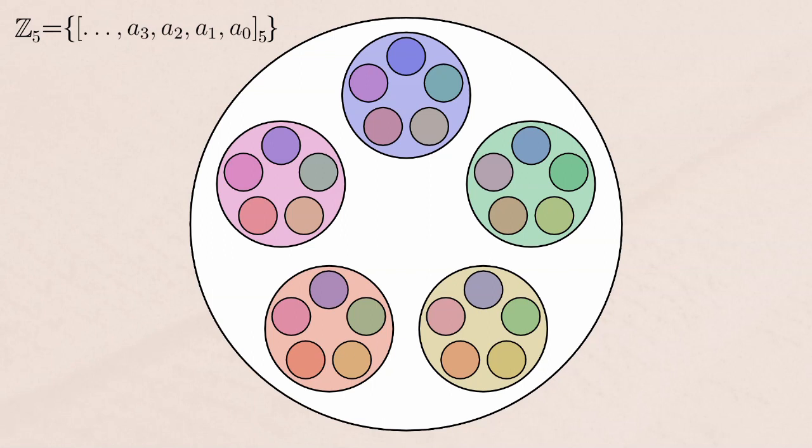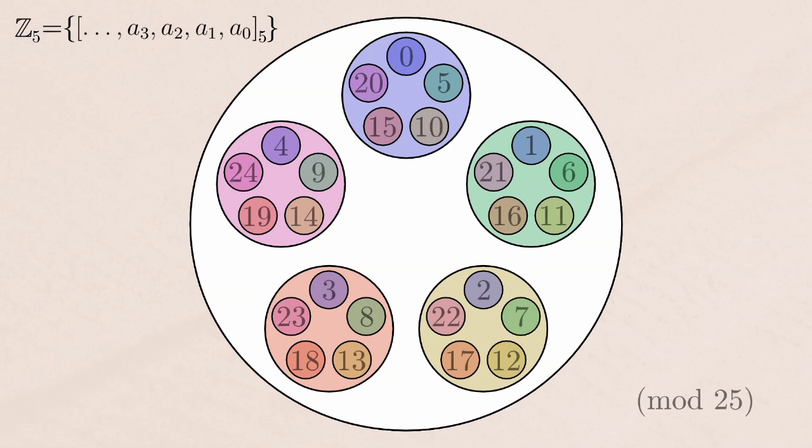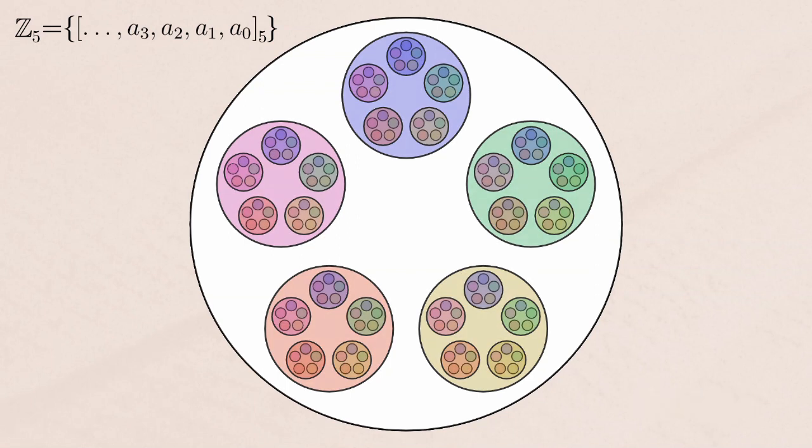And if you like, each one of these small circles tells us what our number is mod 25. That is, we've chopped off all but the last 2 digits. And I can keep going. Mod 5 cubed, mod 5 to the 4, and so on. And if I repeat this process forever, each point that these circles converge on represents a 5-adic integer.